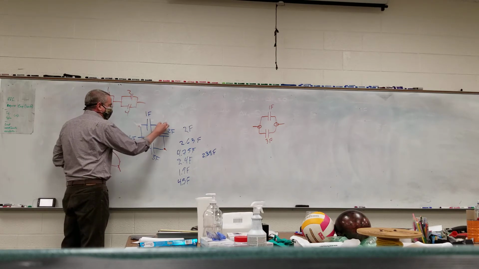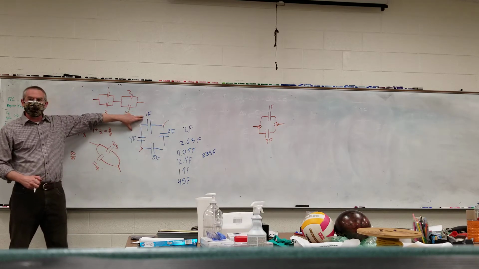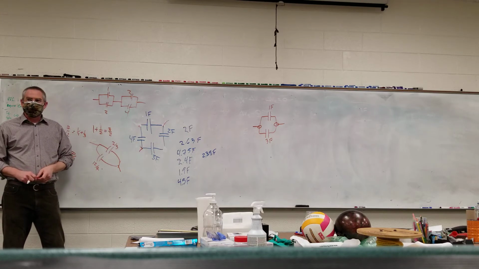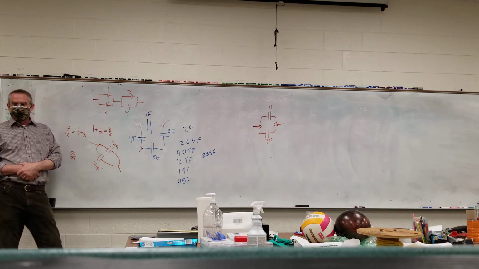If you put the leads here and here, now these are in series, and then this structure is in parallel with that structure. So just because you have the same values, if you change where you're measuring from, you'll get different values.